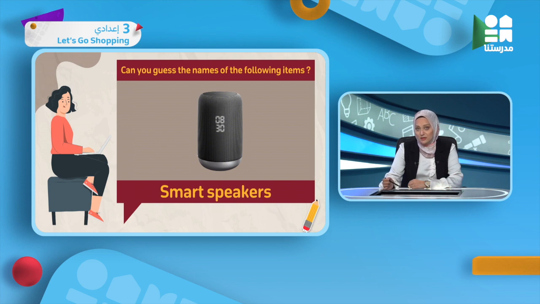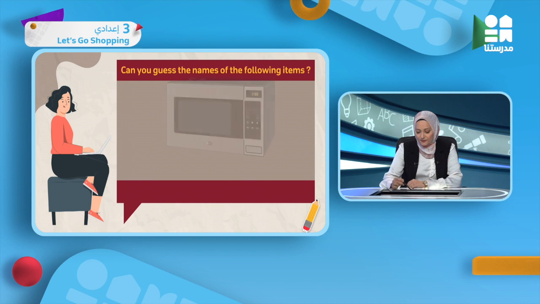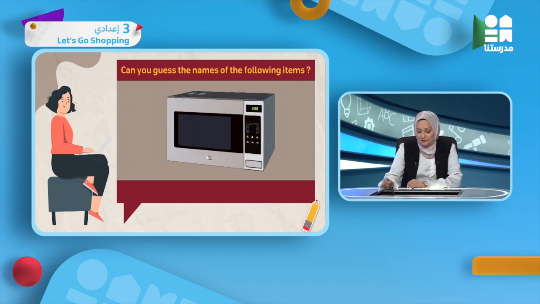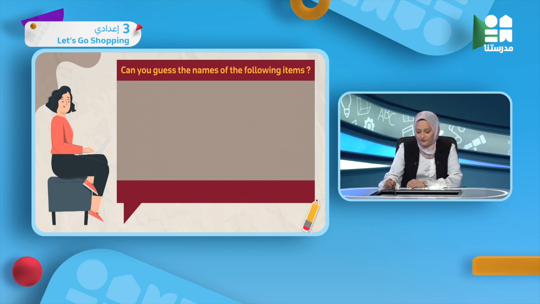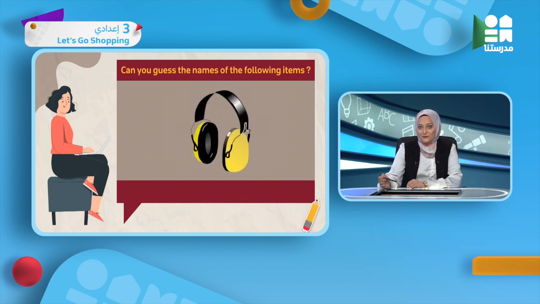Do you know what smart speakers are? اللي هي مكبرات الصوت زي سماعة وبتكبر الصوت أو بتسمع الصوت. And this is microwave. And how about this picture? Can you guess? These are headphones.